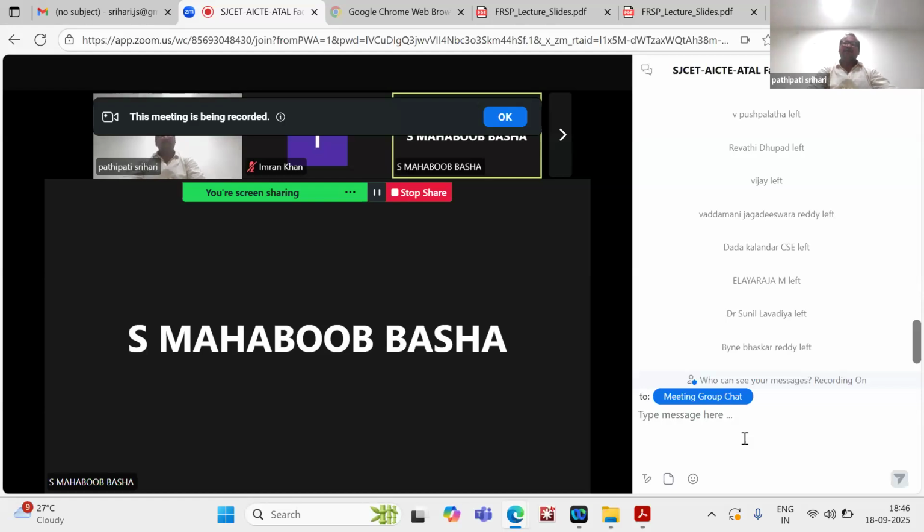So the matched filter is an optimal filter. It is designed to maximize the signal to noise ratio. We call it 2E by N naught and all that, but in general that is the end expression of SNR.